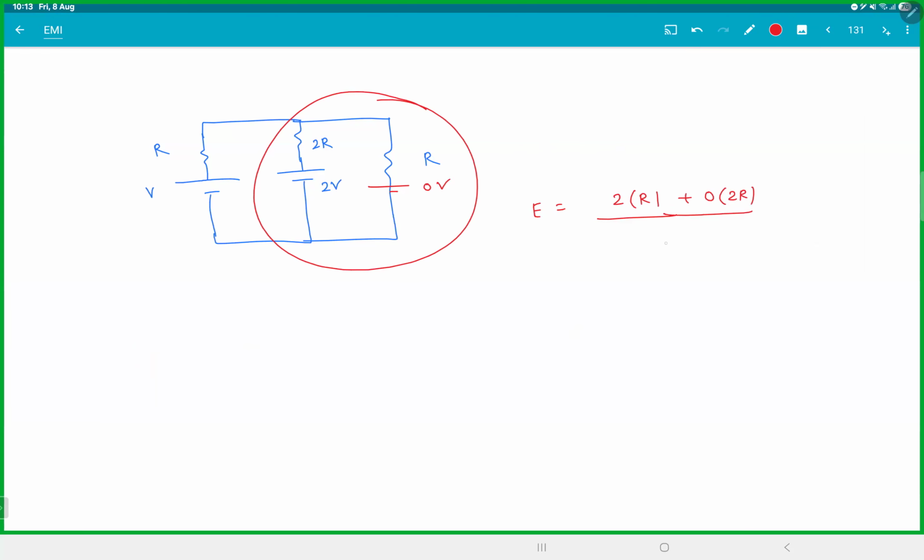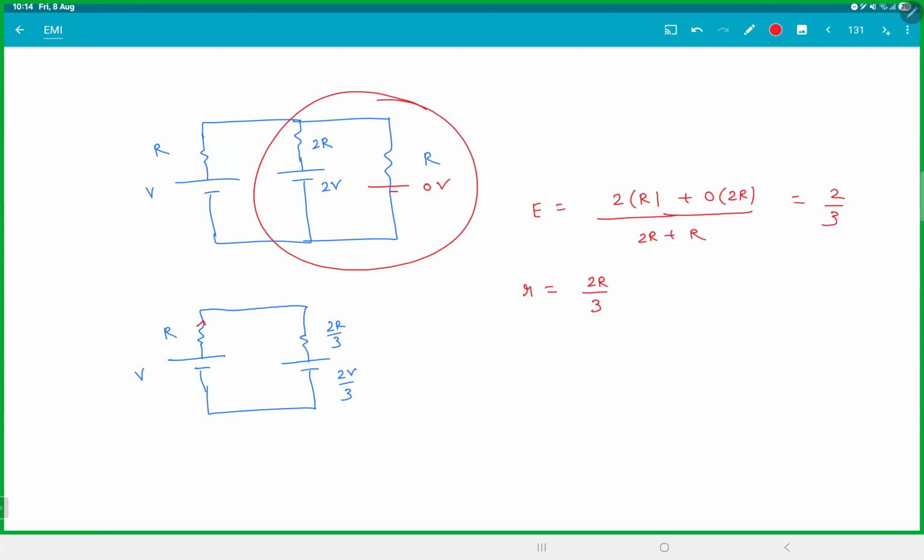Even E1 R2 plus E2 R1 by R1 plus R2. That will be 2 by 3 volt. R equivalent will be 2R by 3. So now your circuit becomes like this. Just two batteries. This is V, this is R, this is 2R by 3, and this is 2V by 3.